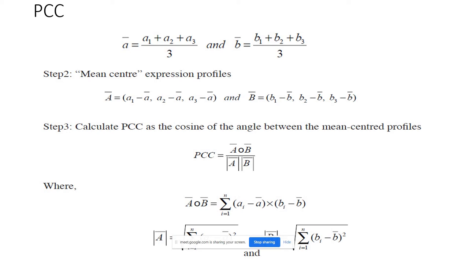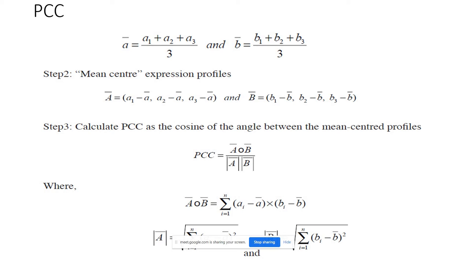Now come to step 3. Moving further, using these values, calculate PCC as the cosine of the angle between the mean centered profiles. So this will be calculated as the cosine of the angle between the mean centered profiles, A bar and B bar.